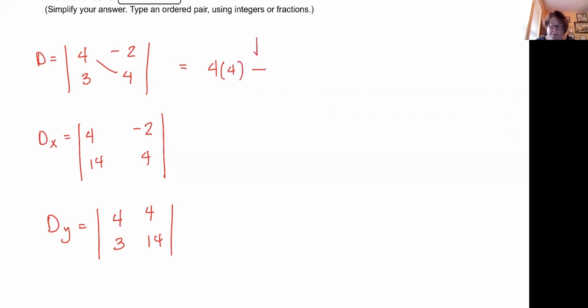Then you subtract the product of the other diagonal. And you do go from left down right first, and then from the upper right to the lower left second. So it's the main diagonal, 4 times 4, subtract from it the product of the other diagonal. So this looks to be 16 plus 6, which is 22.